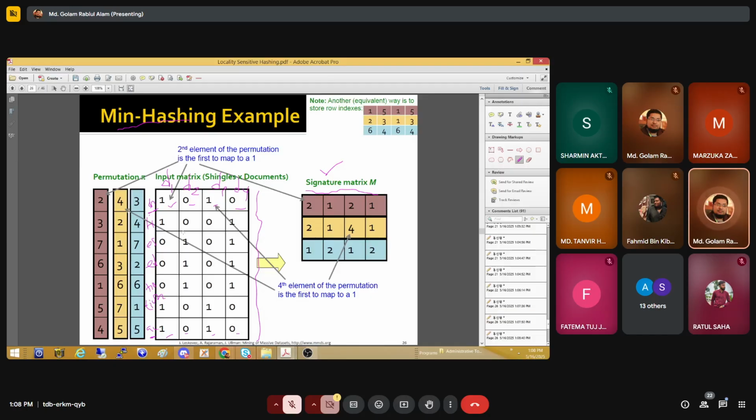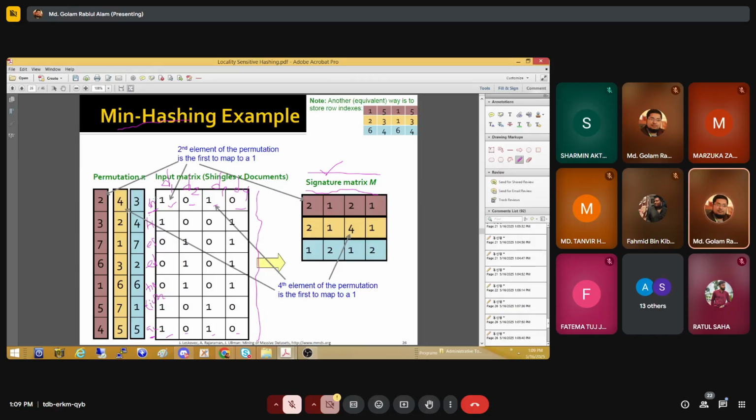So these are the shingle documents. In our case, maybe you can say these are movies and their ratings by different users. Now we want to generate the signature matrix by applying min hash. For that, we have to generate the permutation.